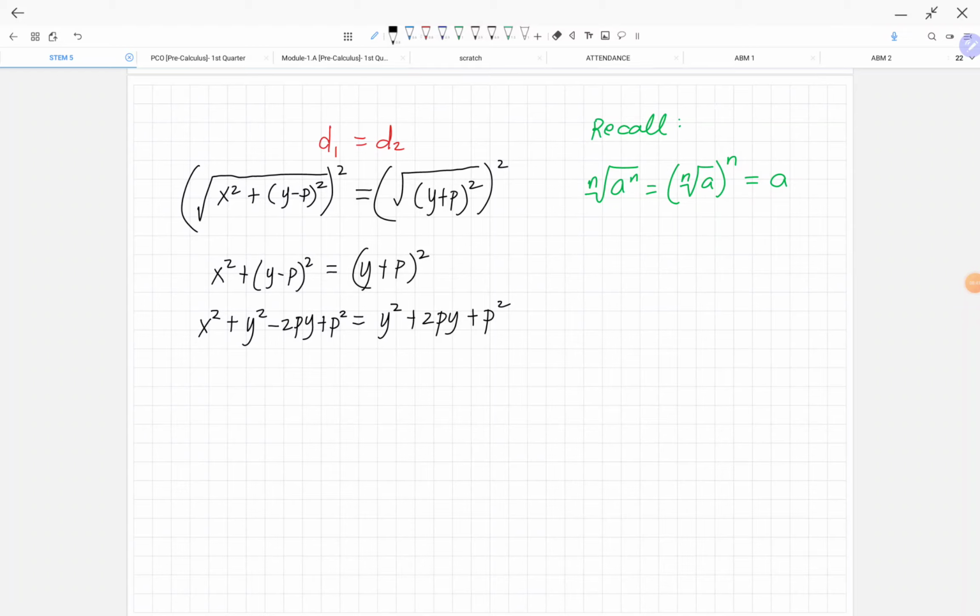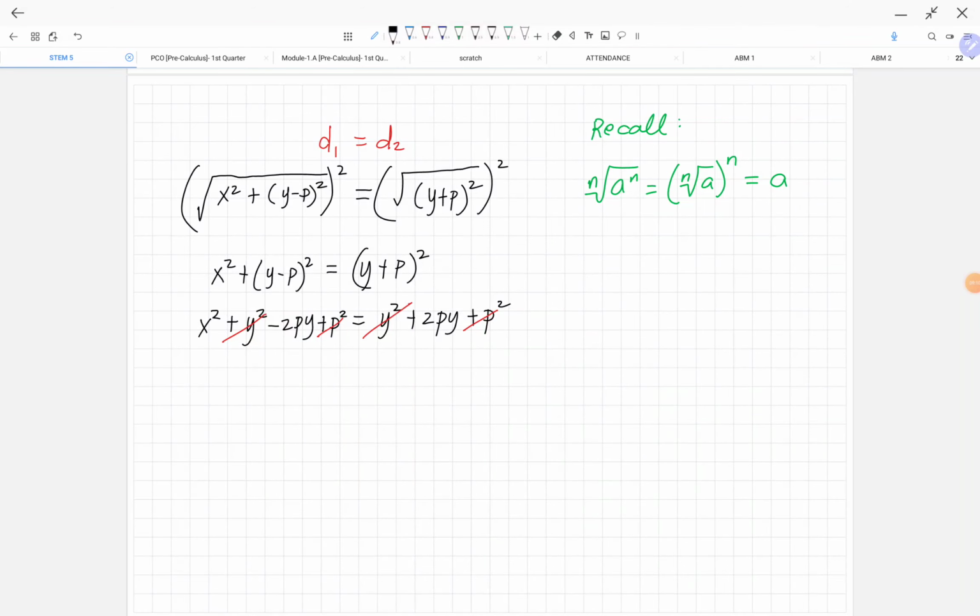Here, we can cancel out terms. So p squared will be cancelled out because they have the same term. If one is to be transposed to the other side, it will be cancelled out. Or we simply make use of the subtraction property of equality, subtracting p squared from both sides of the equation, so that will be cancelled out. Same with y squared and y squared.